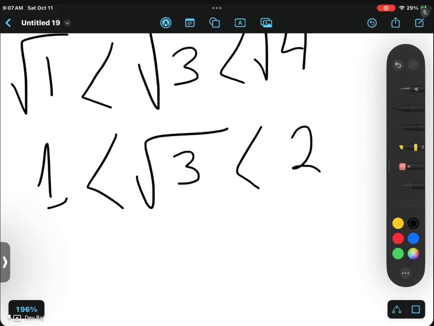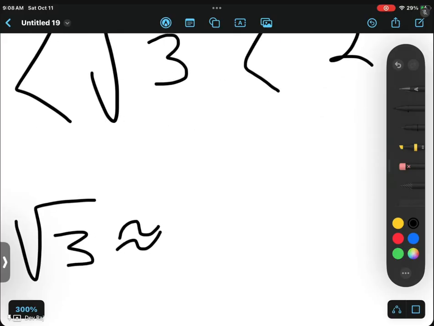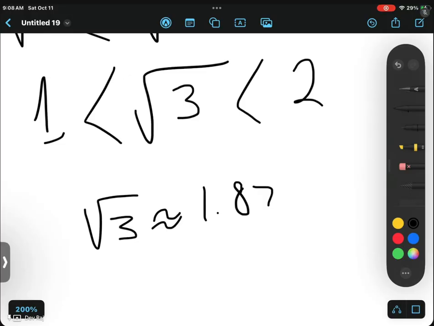So we know the square root of 3 is somewhere between 1 and 2, and since 3 is closer to 4 than it is to 1, we could roughly approximate the square root of 3 to be like 1.87. That might not be exact, but we can approximate it like 1.8, 1.7.